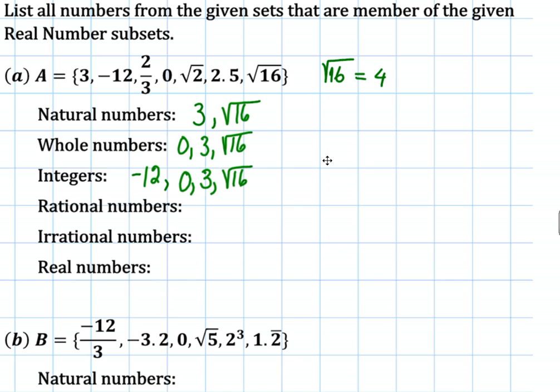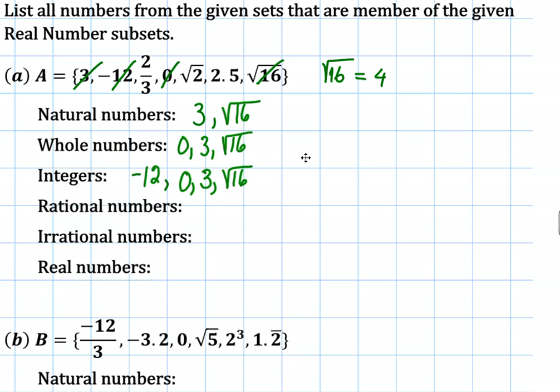Now, rational numbers. We have to think closely. Let's go back and just take out the ones that we've chosen so far. Okay. Now, our rational numbers, we said, would have a numerator and a denominator. They could be terminating decimals or repeating decimals.